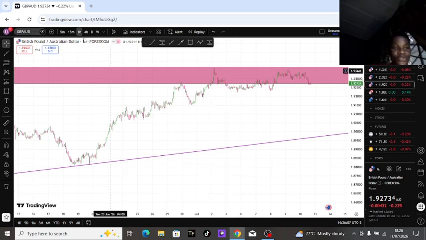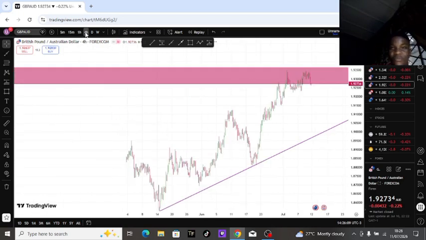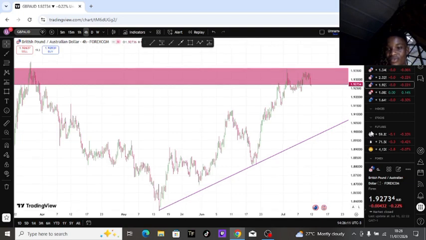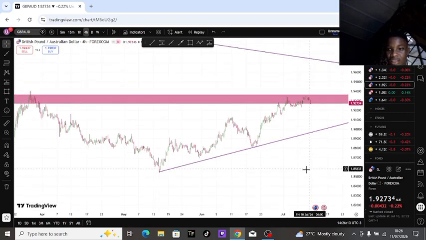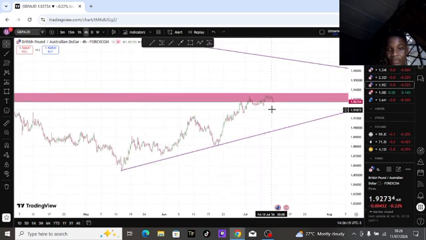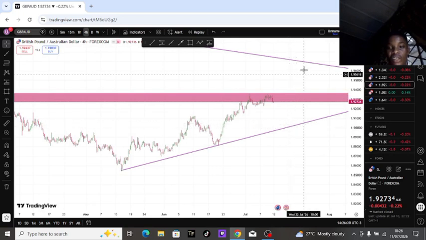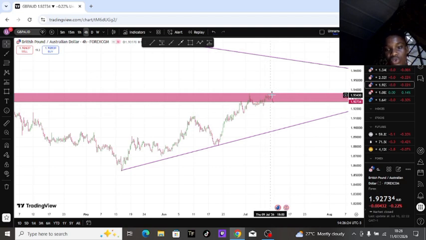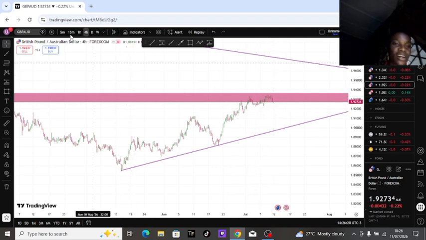Because now I'm confused on GBPUSD and I don't even know where to start. It's crazy. Either it heads down right here, comes to this area before heading up, or heads up straight, breaking this strong level right here. It's kind of hard to see.